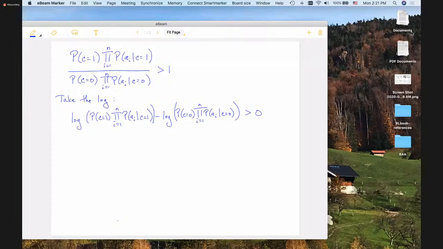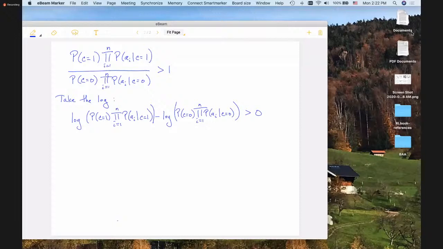And notice now that our threshold, because we've taken the log of 1, has now become 0, which looks even more like what we saw with the Winnow algorithm previously. And I was able to do this because when you take the log of a ratio, that's simply equal to the difference of the logs of the numerator and denominator. Well, we can continue this idea because now notice we're taking the log of a product. And if you take the log of a product, that reduces to a sum of logs.